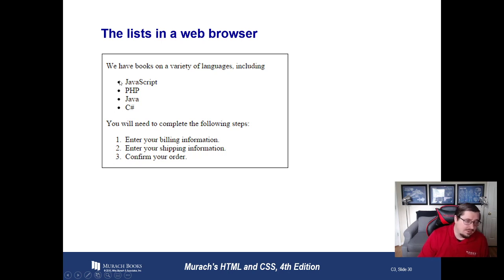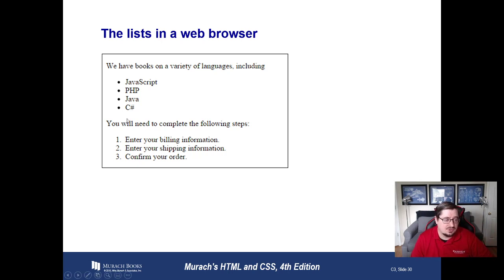An unordered list will typically show up with bullets like this. Now, you can change both of those things. You can change these to be letters, ABC. You can change this to Roman numerals. You can change these to circles or discs or squares or whatever you want to.